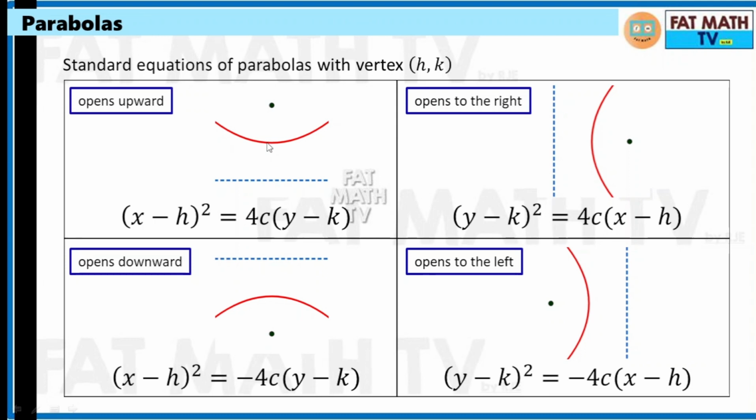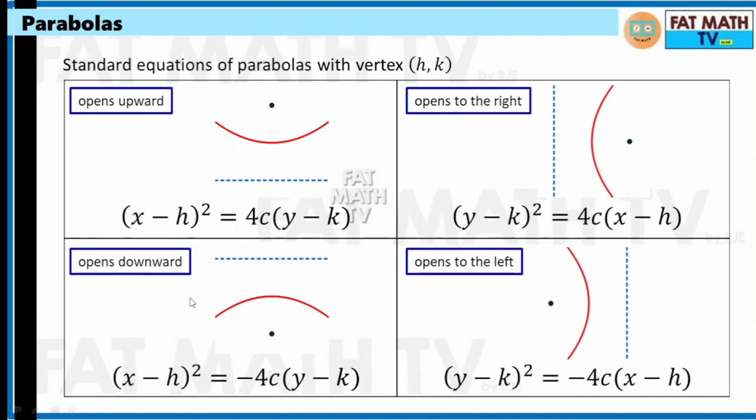It can also be the distance from the vertex to the directrix, because they are equal. The vertex is the lowest point if the parabola opens upward, and if it's opening downward, that's the highest point.